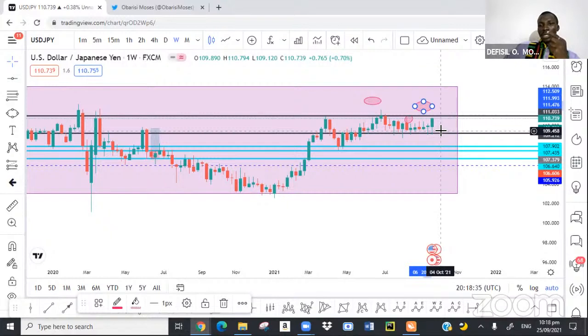We have a, sorry, not a tweezer, a spinning top. We have a spinning top or a spinning bottom. We have a hammer. We have a doji, and we have a good bullish candle.